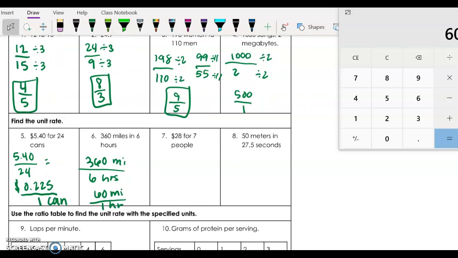So that means if I'm driving 360 miles in 6 hours, I go 60 miles in just 1 hour. All right, so we have $28 for 7 people. And so 28 divided by 7, we know is 4. So $4 for just 1 person.